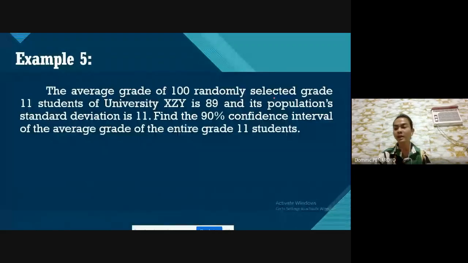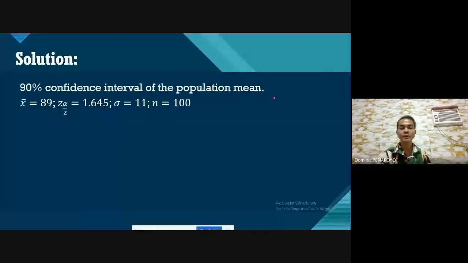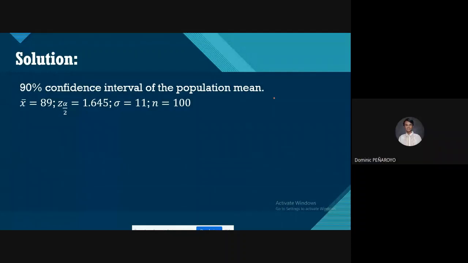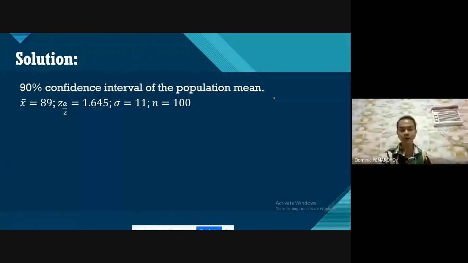It is 1.645. So we will have the following given: x bar, the sample mean, is 89. The standard deviation is equal to 11 and our n is 100.